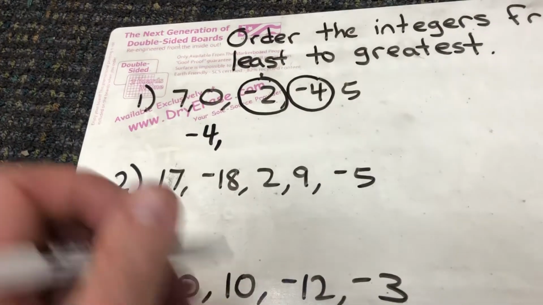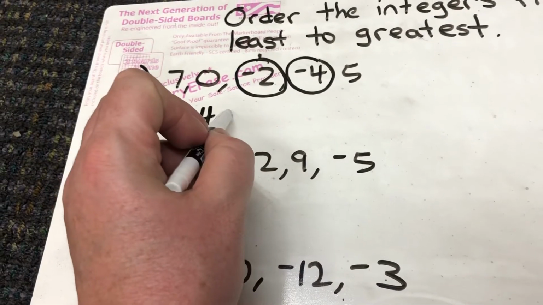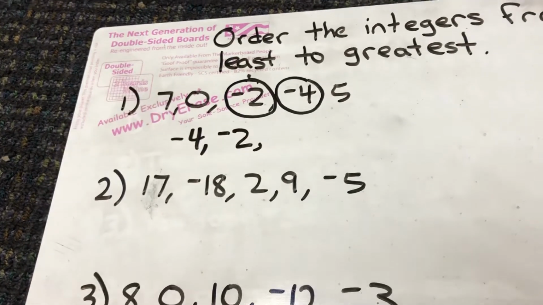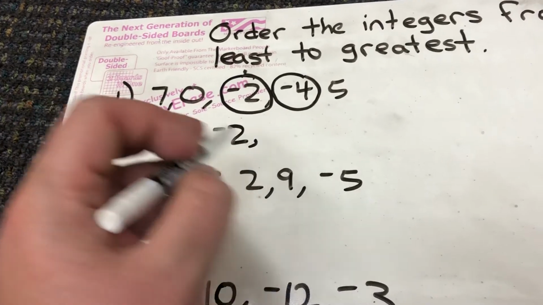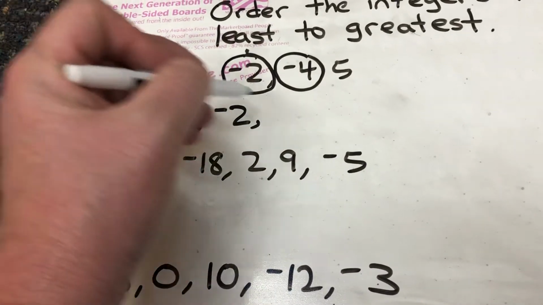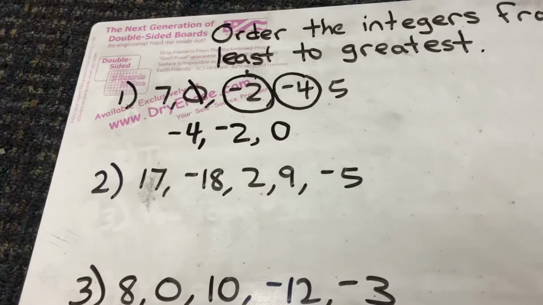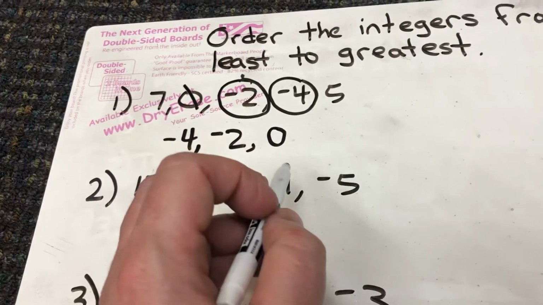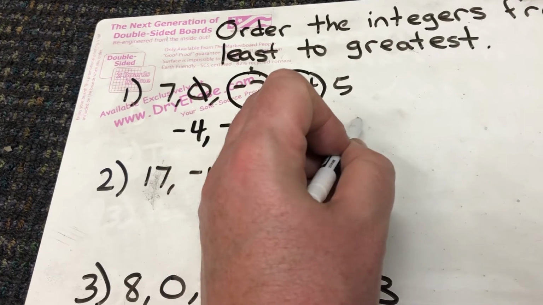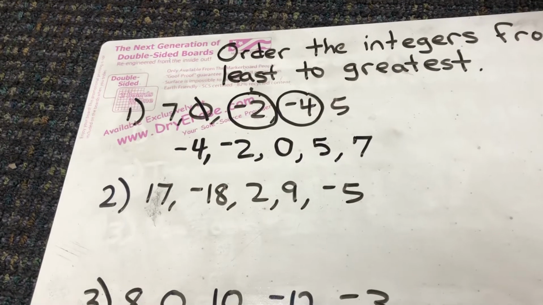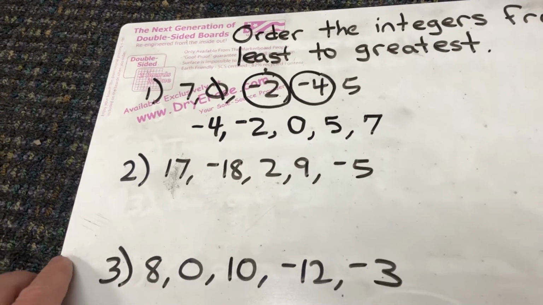It's farther away from 0. That will then be followed by negative 2. I see my other numbers are 0, 5, and 7. Well, that's pretty easy. I know that 0 will come next. And then with the positive numbers, that's easy to put in order from least to greatest. It'll be 5, and then it will be 7. And that's essentially what you're going to do.